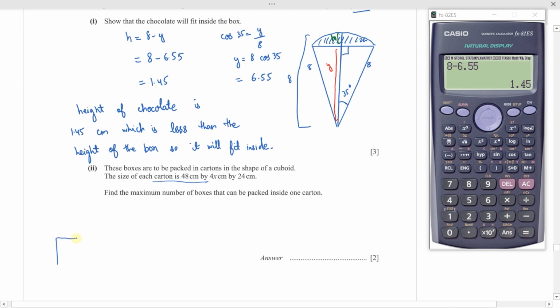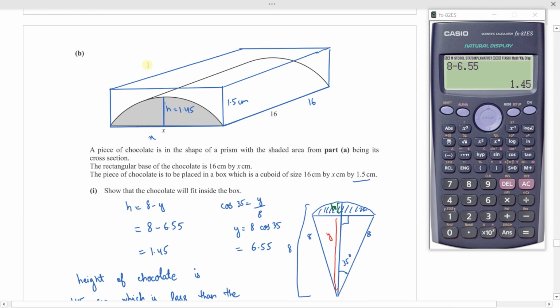So you have this big carton, and the dimensions are 48 by 4x by 24. And in this big carton, you're packing these boxes which have dimension x by 16 by 1.45.